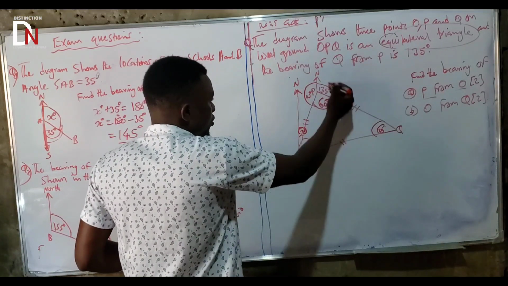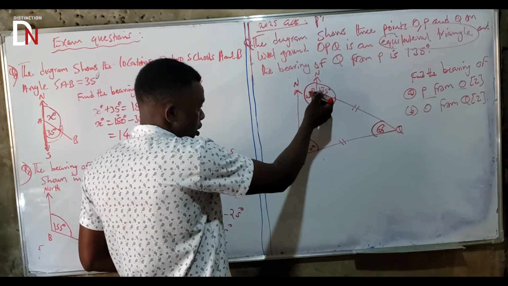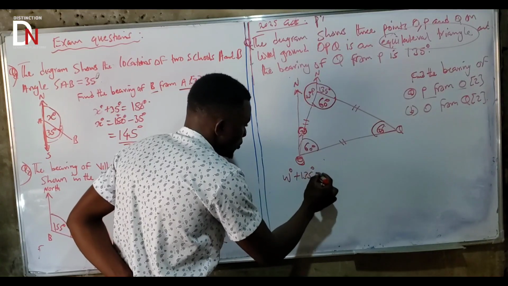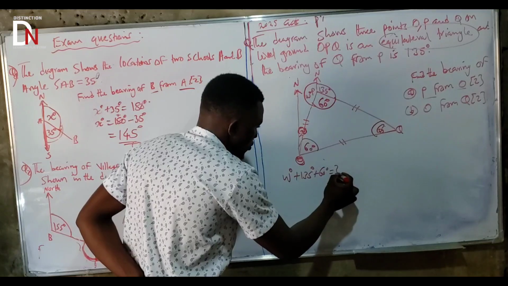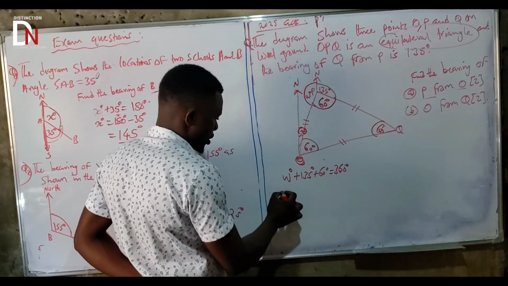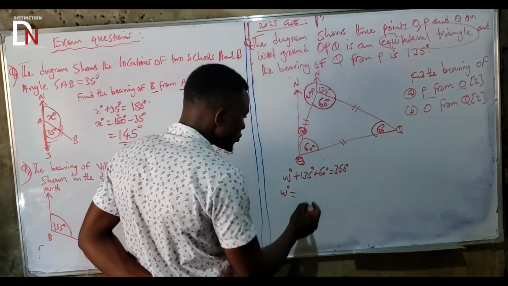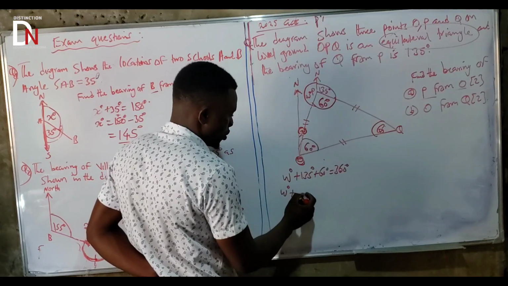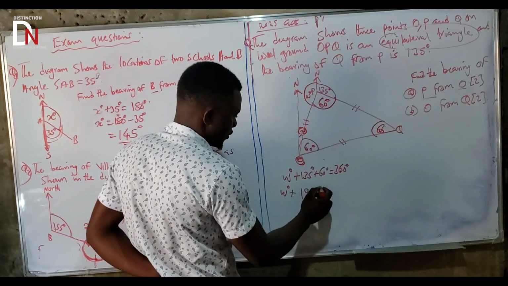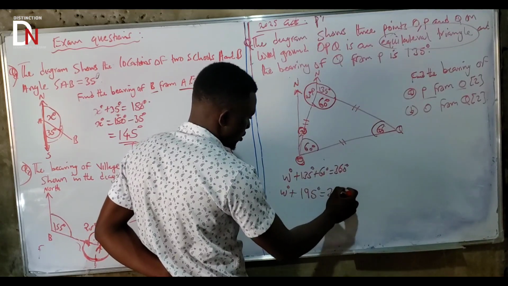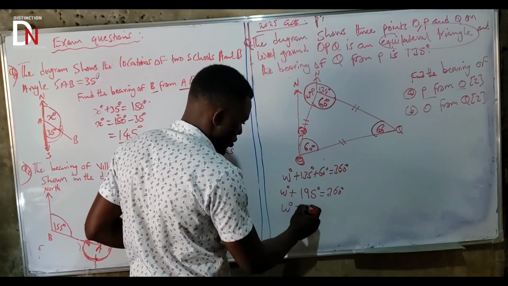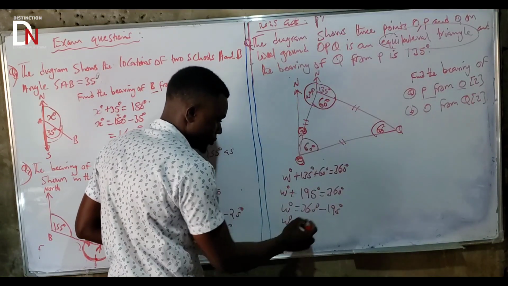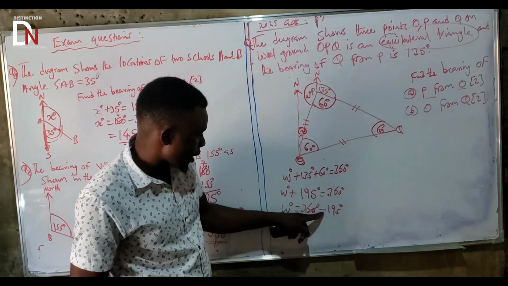The whole of this makes 360. So W plus 135 degrees plus 60 should give me 360. 135 plus 60 gives 195 degrees. So W degrees is equal to 360 minus 195.